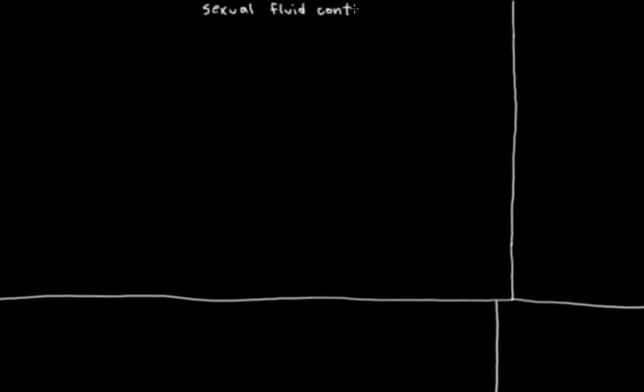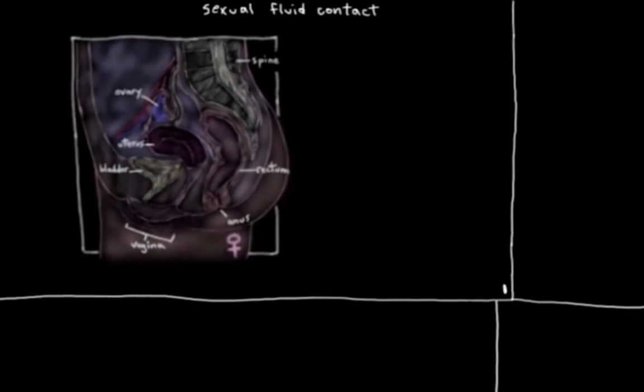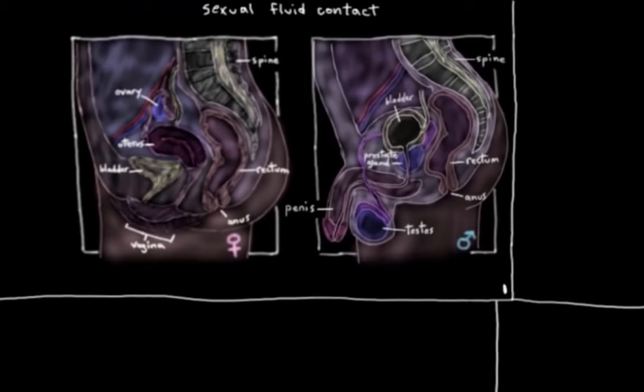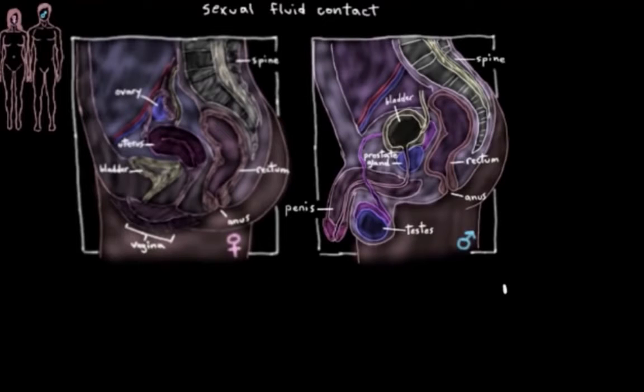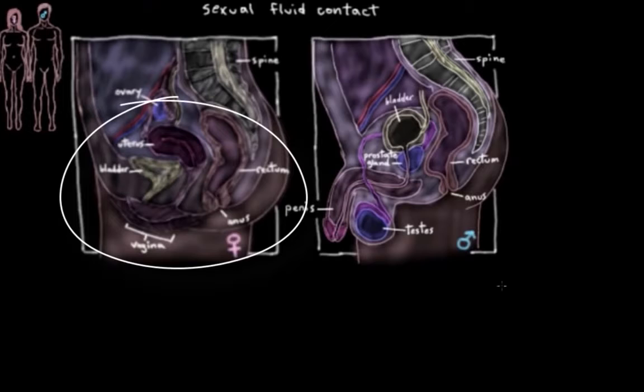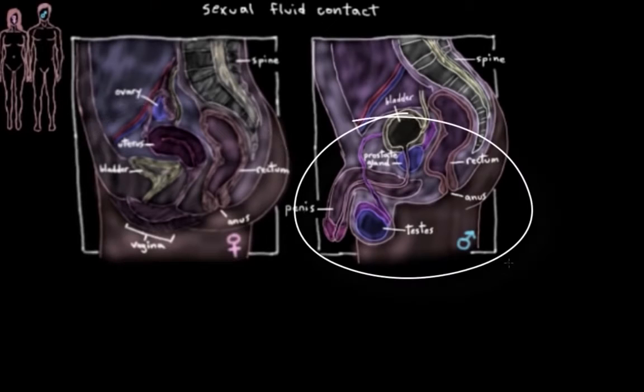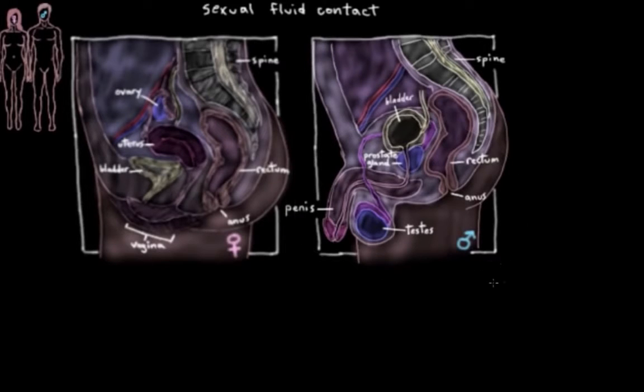So top left up here, we'll make this sexual fluid contact, which is actually the most common way that HIV is spread, typically when having unprotected sexual intercourse with someone who has HIV. And don't let these pictures scare you. These are just cross sections of pelvises. So a female pelvis on the left here and a male pelvis on the right here. So we can use these to look at the sexual organs.